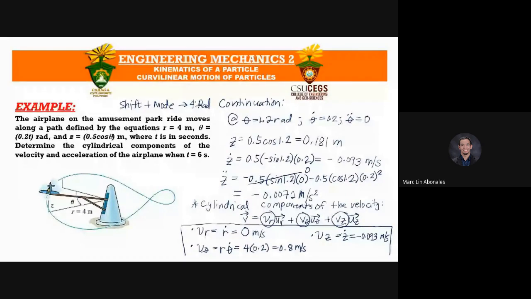So nanakay values sa cylindrical coordinates sa imohang velocity mismo. So this is your VR, V theta, and VZ.